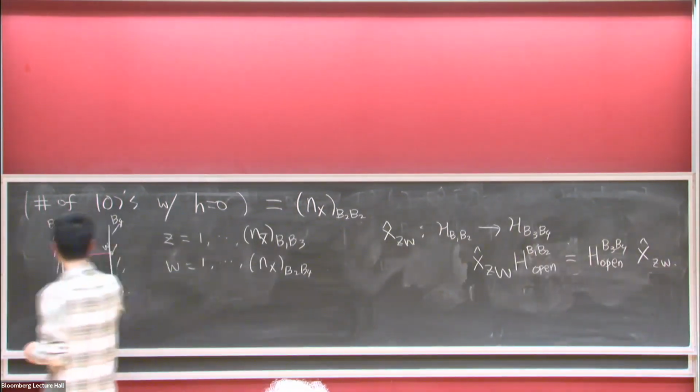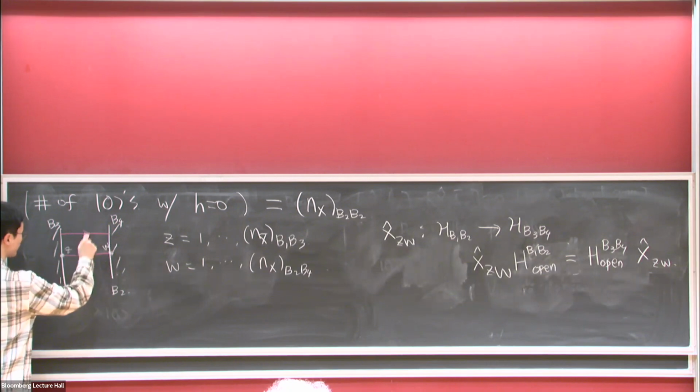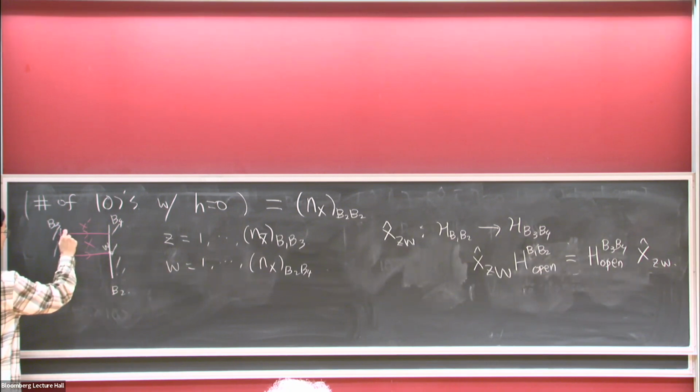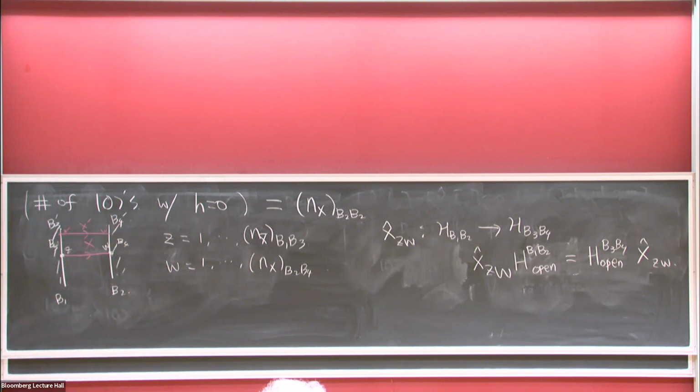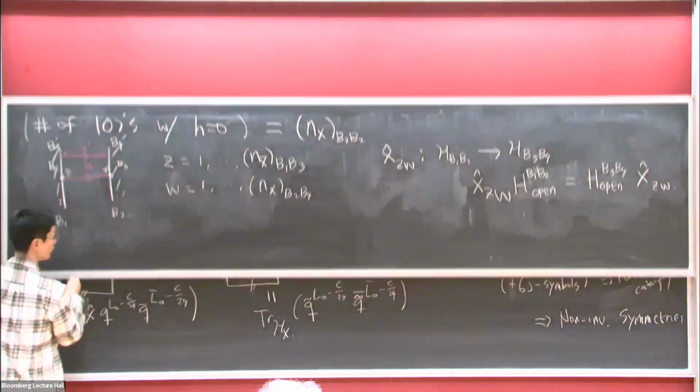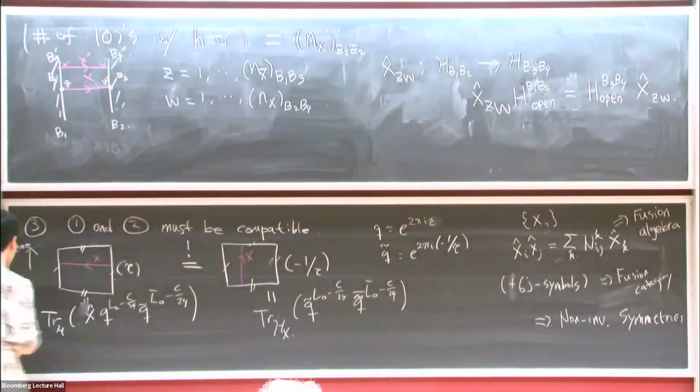And then if you have two such operators, X prime with G prime, W prime, and boundary conditions B3 prime, B4 prime, you can also multiply two such operators.